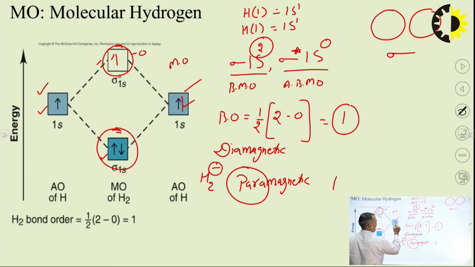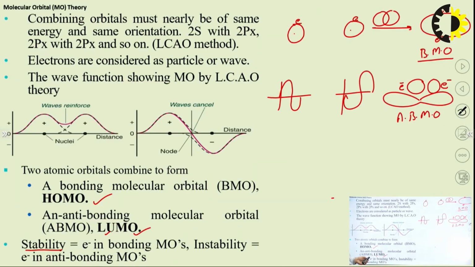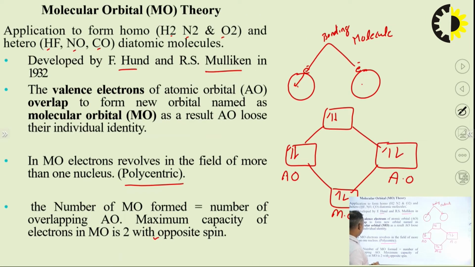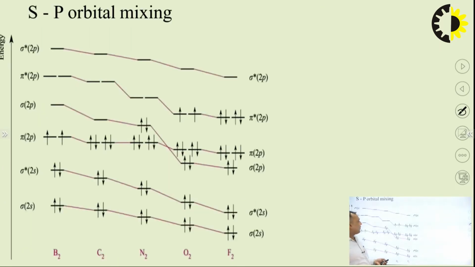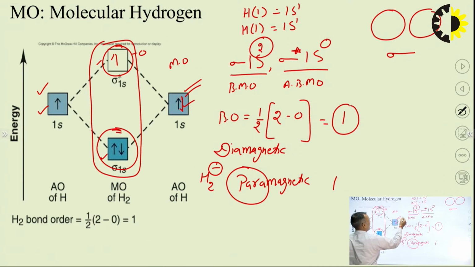For the sake of example, I am adding it here, because if you see the postulate, when the molecular orbital forms, the atomic orbitals lose their individual identity, meaning there is no existence of atomic orbitals after the formation of molecular orbitals.